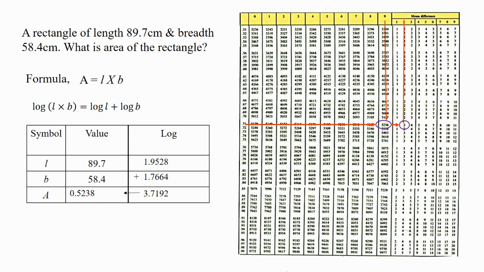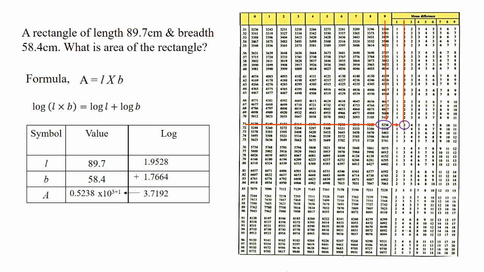The characteristic of the given number in the antilog is represented as the power of 10. So I write it as 10 raised to 3. Into that I need to add 1. The reason why I add 1 to the characteristic you will understand if you watch my previous video.